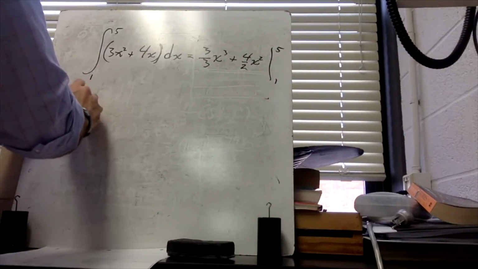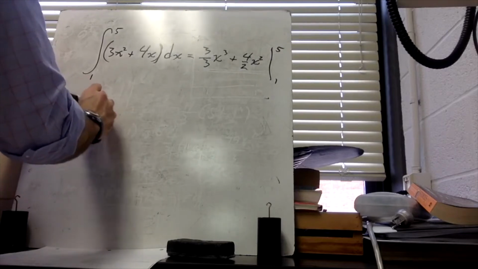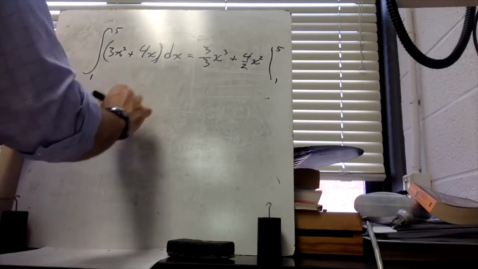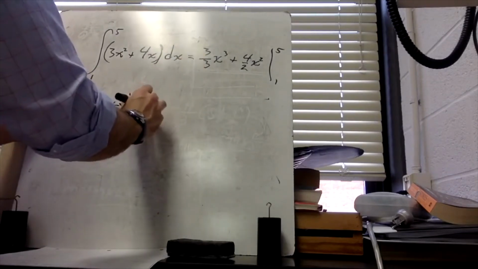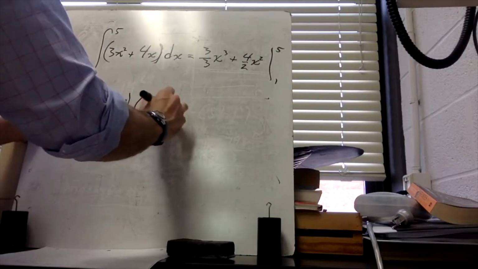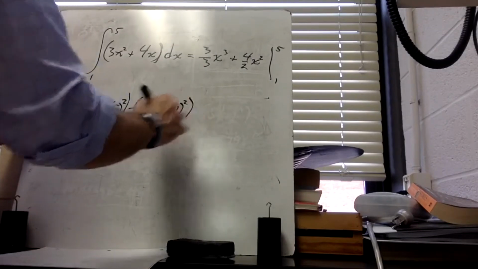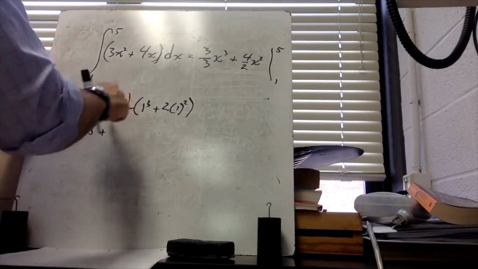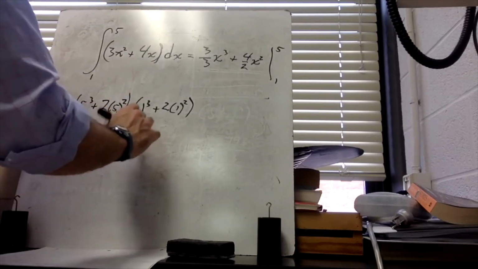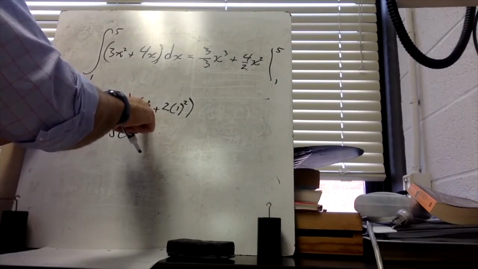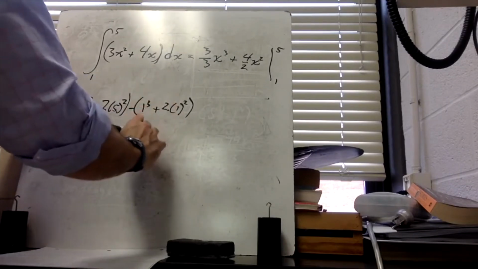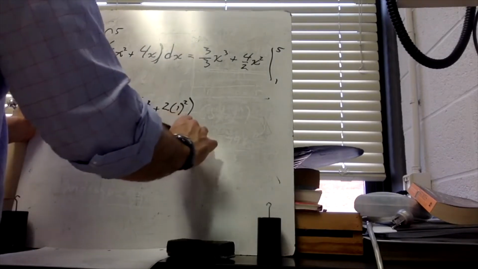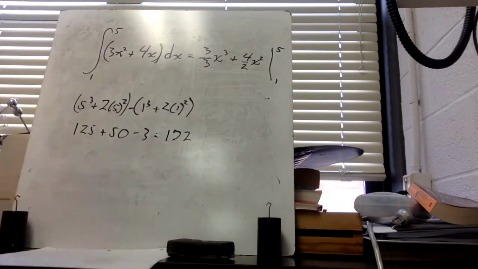So this is going to be 5 cubed plus 2 times 5 squared, minus 1 cubed plus 2 times 1 squared. So this is going to be 125 plus 50, minus 3. So it ends up being 172 as our answer.